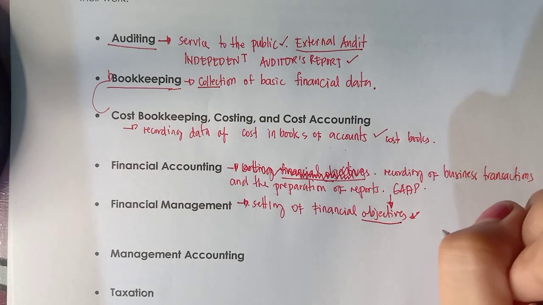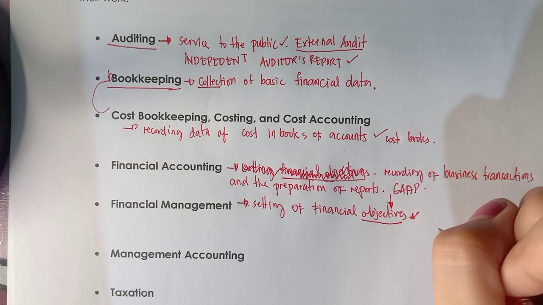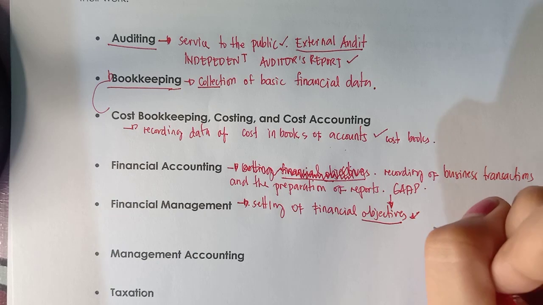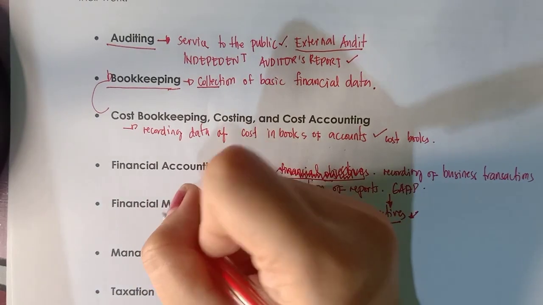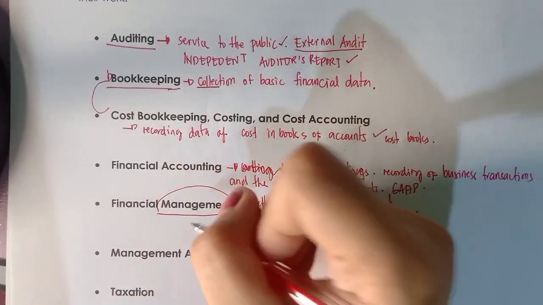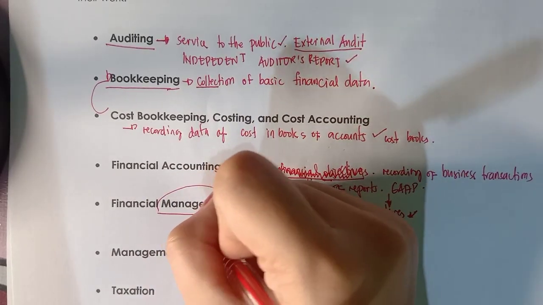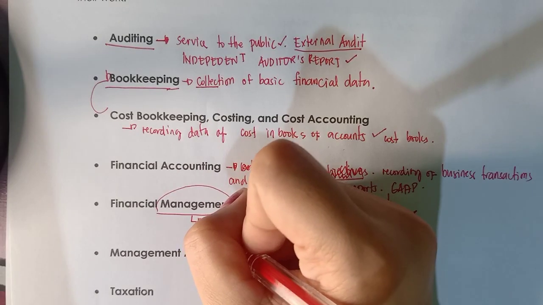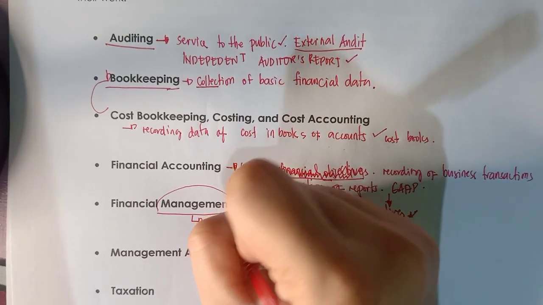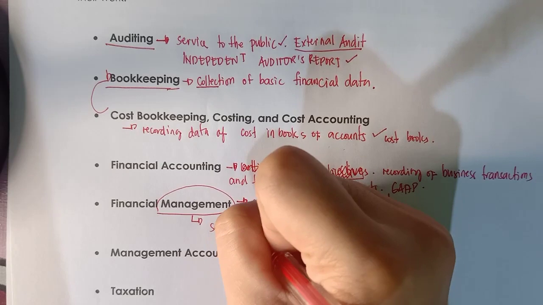Then, a management accounting system incorporates and obtaining the finance needed to achieve the plans. So, it will also, from the word itself, management, it will also what? Safeguard all the financial resources.